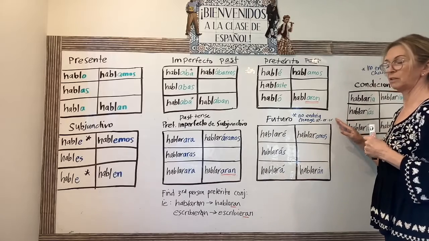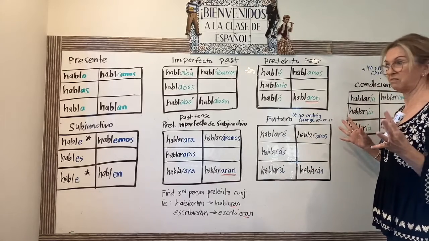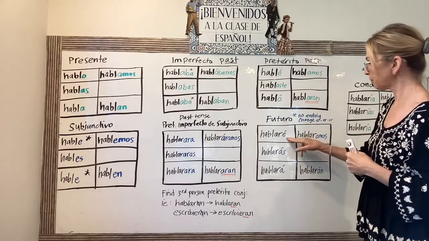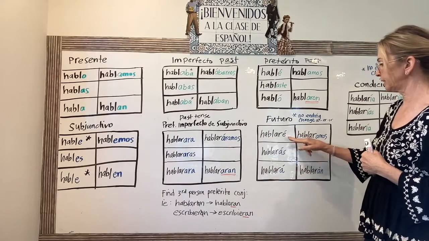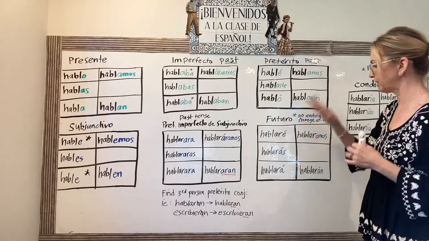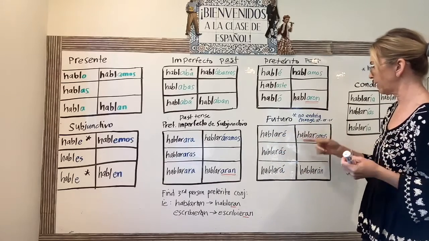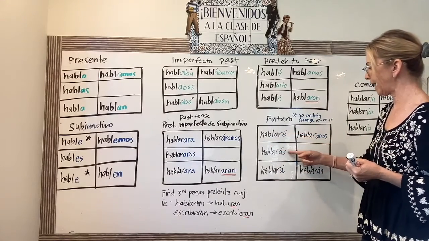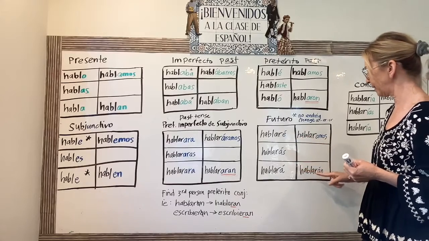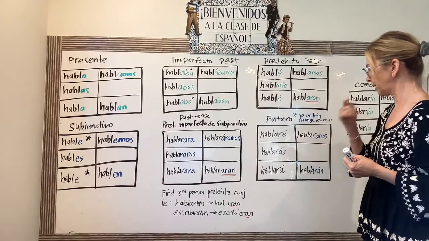Learn it once, know the verb in the infinitive, and add the ending, and you're done. So let's see what you do. For yo, you say hablaré. For tú, you say hablarás. So look at this. This is the verb in the infinitive. Makes it so easy. Once you know that verb, and you know that you add é, ás, á, emos, án, and with these, like in the boot, you need an accent mark.